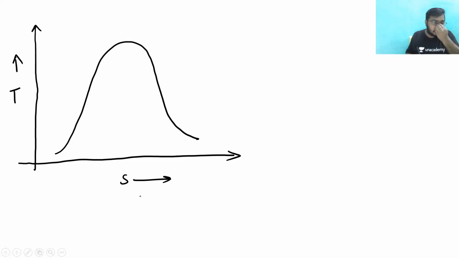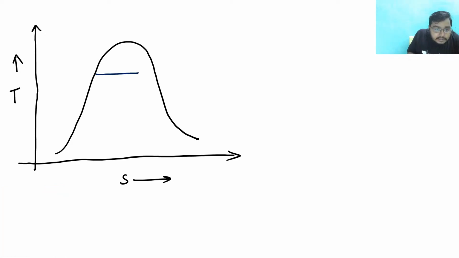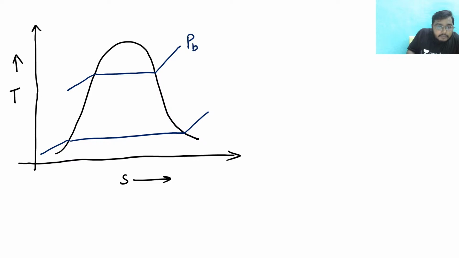Suppose I am having some pressure, this is one pressure, and this is another pressure. So there are two pressures. Let this pressure be the pressure of the boiler. Clear? And let this pressure be the pressure of the condenser.